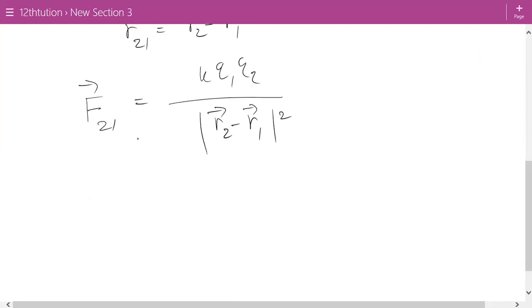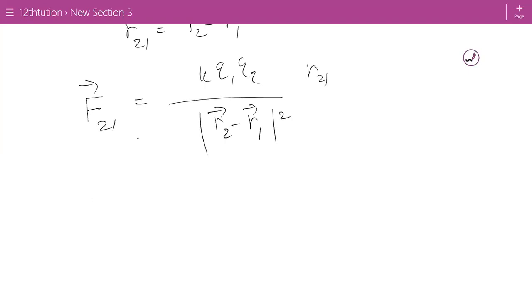So that will be the formula, but now you need the direction also. So R21 cap. And I told you that a unit vector is written as the R21 vector divided by the R21 magnitude. So the vector will be the same here: R2 vector minus R1 vector divided by the magnitude of R2 minus R1.